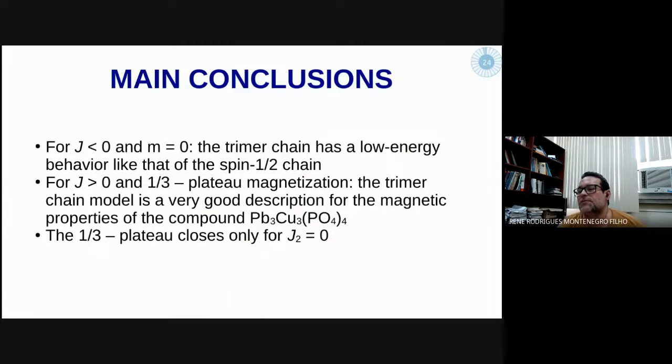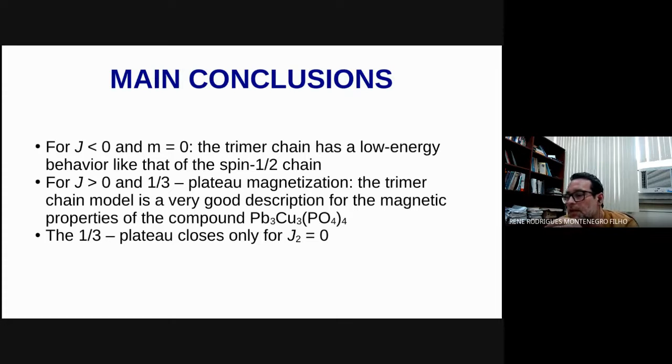In conclusion, for negative values of J and the singlet phase, the trimer chain has a low energy behavior like that of the spin 1/2 chain. For positive values of J and the 1/3 plateau magnetization, the trimer chain model is a very good description for the magnetic properties of this phosphate compound.